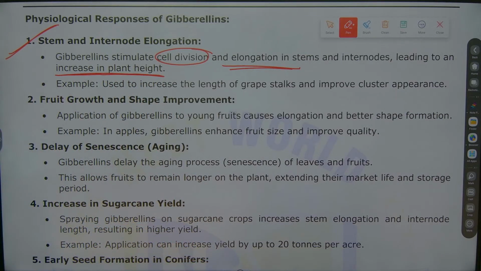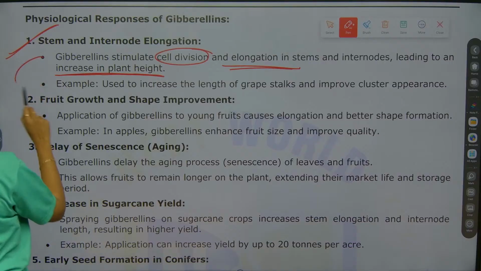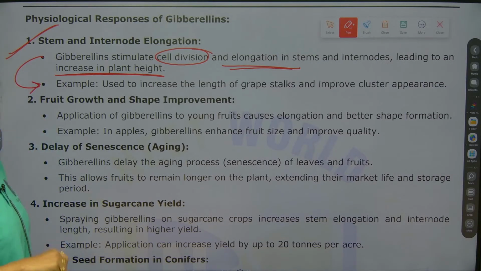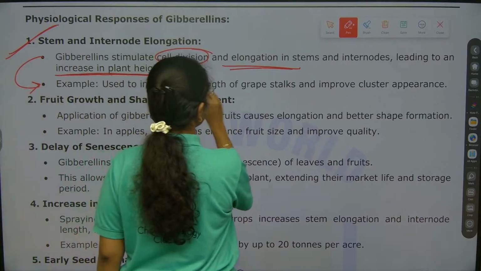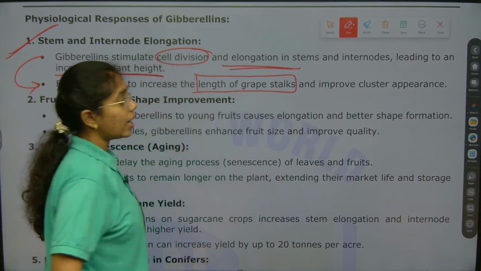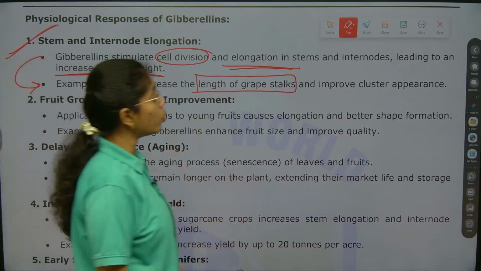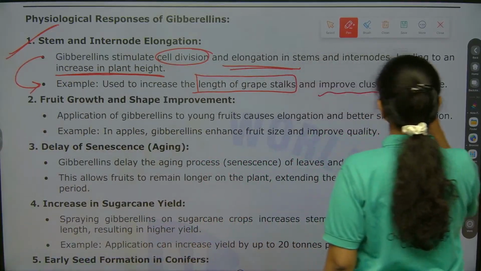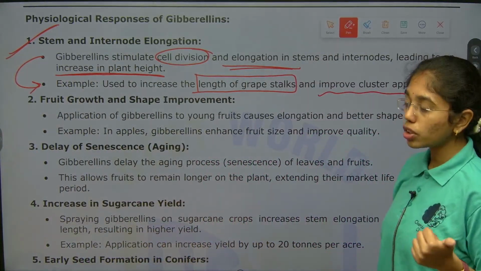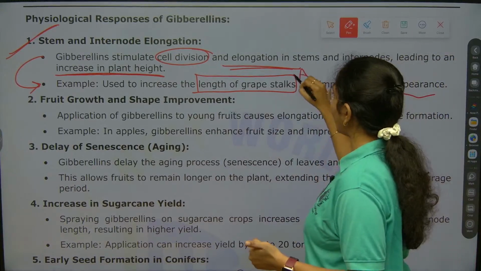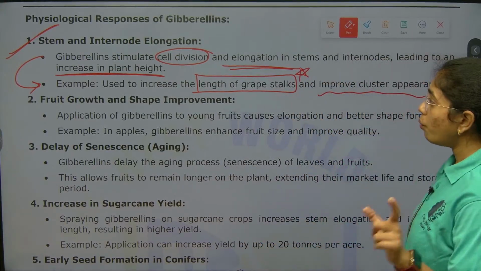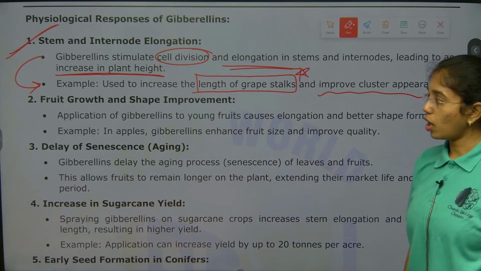For example, they are used to increase the length of grape stalks and improve cluster appearance. This is the mandatory example that you have to give for stem and internode elongation.